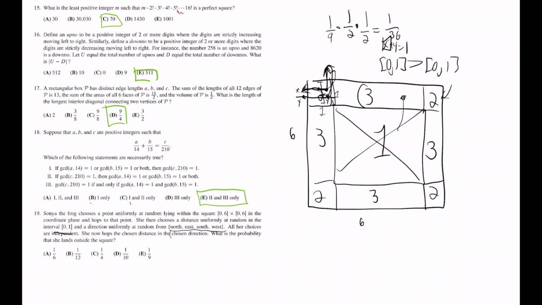Now what's the probability of getting through the 3? So first of all, what's the probability of landing in 3? So it's just going to be 4/9. Because this is 4, this is 1. And so that has area 4, and these all have area 4. That's 16 total area over 36, which would just be 4/9. So let's just do the same process for the 3s that we did with the 2s.